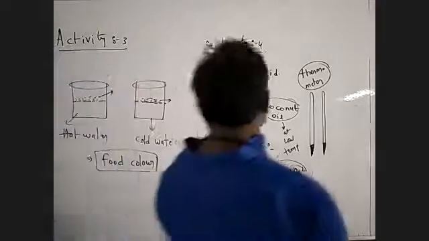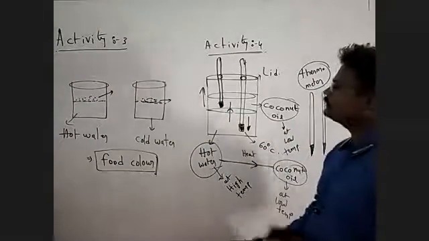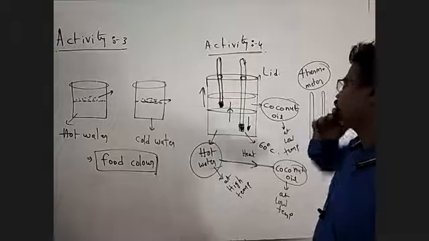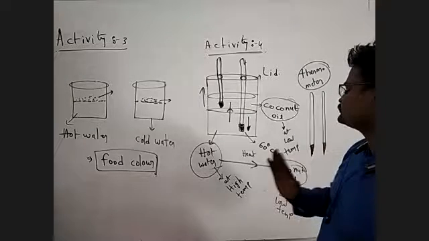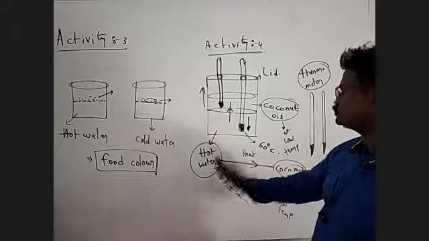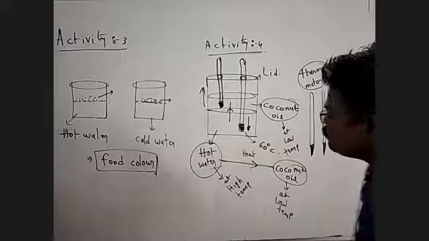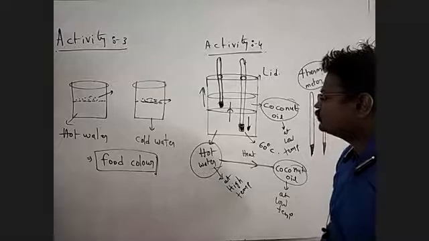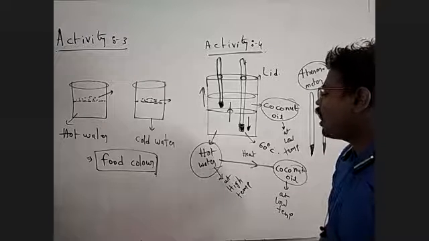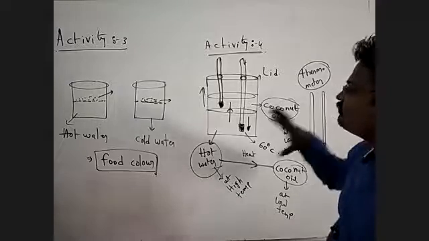So what is the conclusion here? Heat flows from a hot body to a cool body, from a body at high temperature to a body at low temperature. Why does heat flow from one body to another? Because there is a temperature difference.